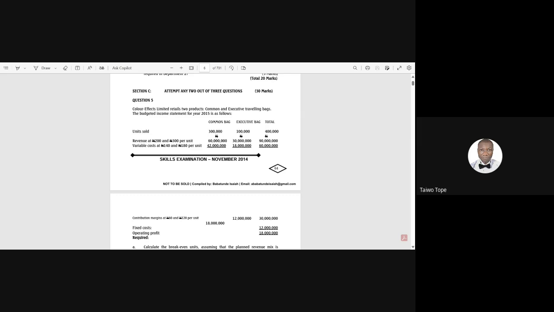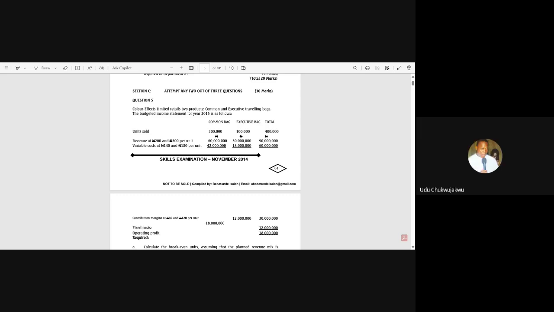Okay. Now, when you look at this question, you can see that they are giving you revenue values at 200 naira and 300 naira per unit. It means for you to sell one common bag, how much will you sell? At 200, right? Yes, sir. One executive bag at 300 per unit.